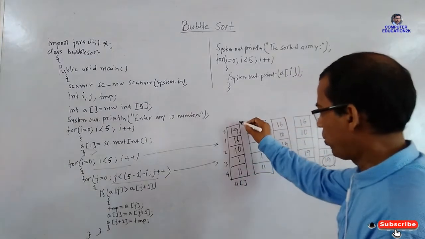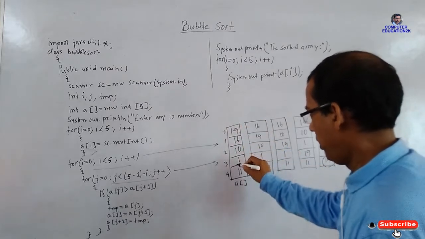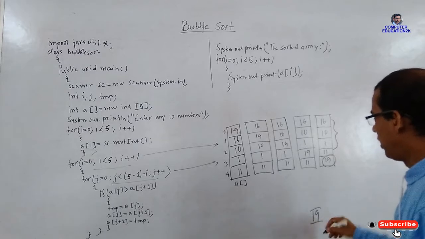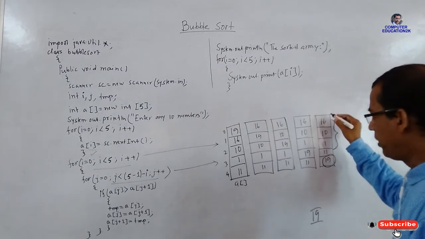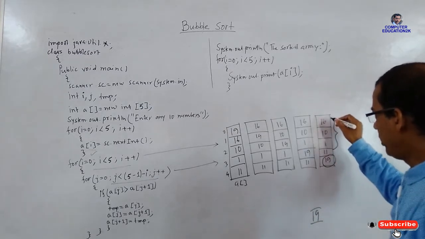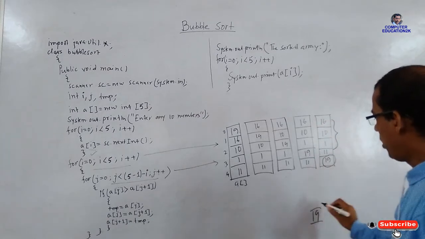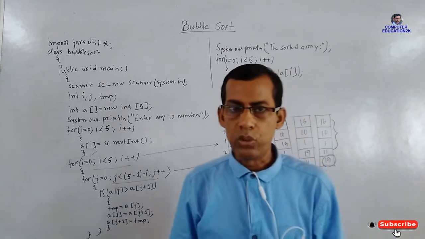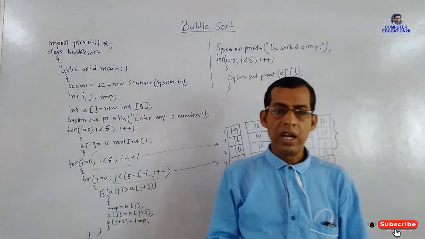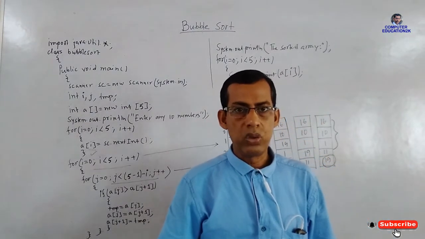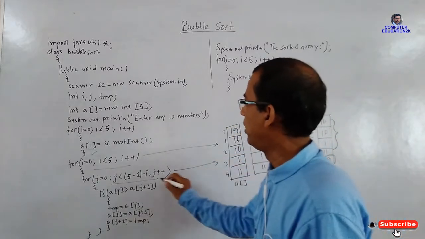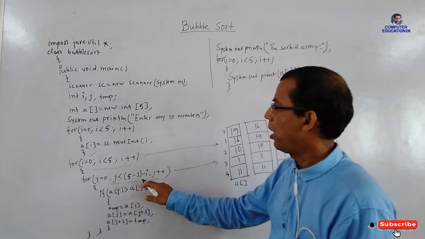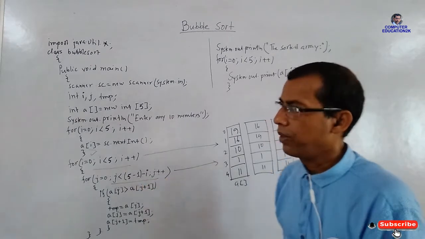So while sorting these numbers, 19 will come down and we will leave 19. And then we will sort the remaining values, and 16 will come down and we will leave 16. And then we will sort the remaining values. So you can see every time we are leaving one value. That has been mentioned in this loop: j = 0, j < 5 - 1 - i, j++.